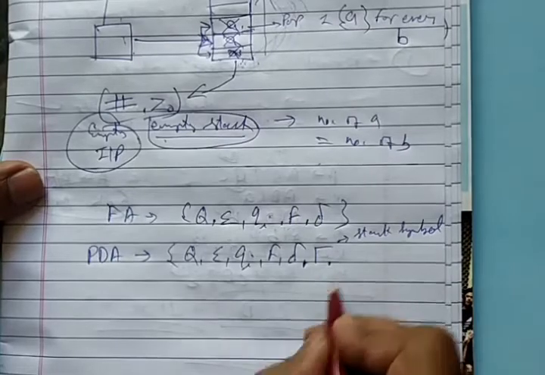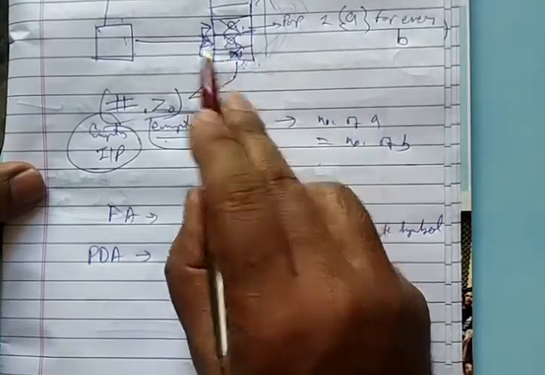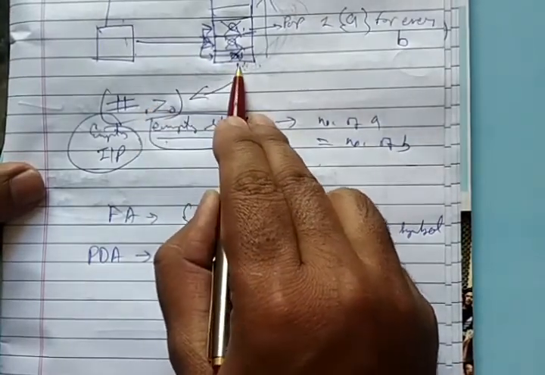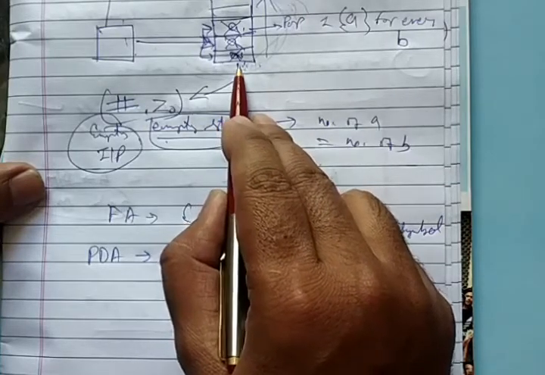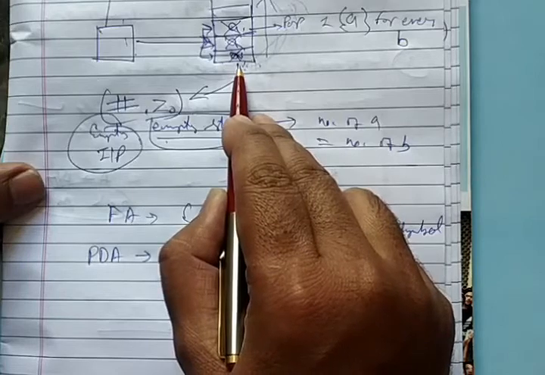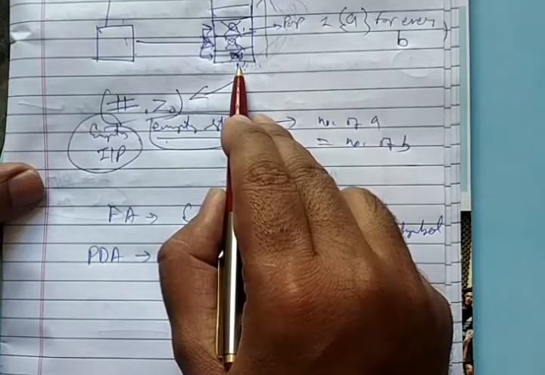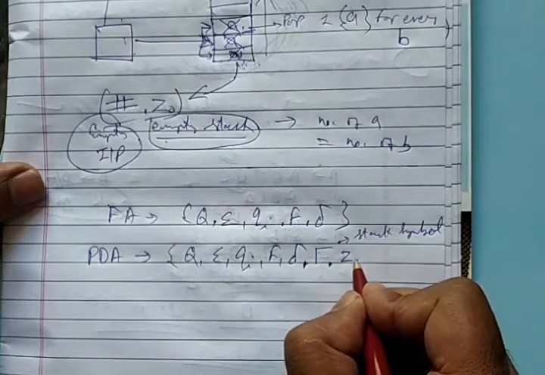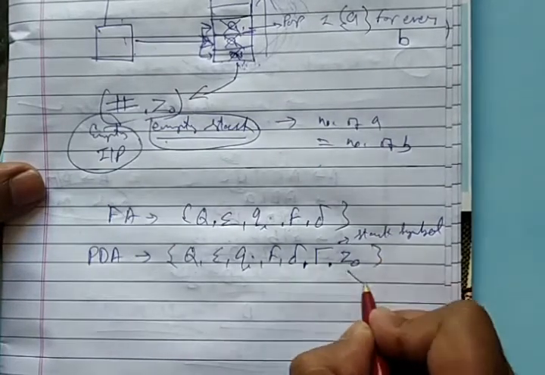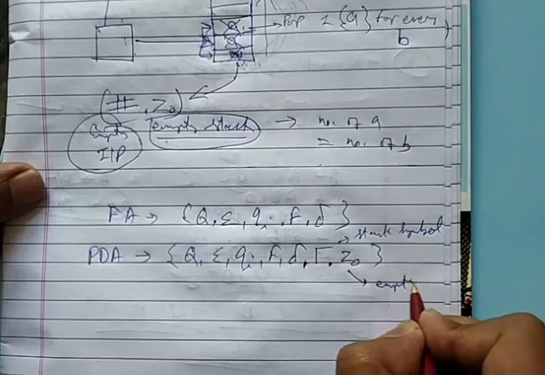And since I require to insert certain elements, I need to know what the base of my stack is, from where my stack got started. Hence I require the bottom of stack, which I am saying is the empty stack.